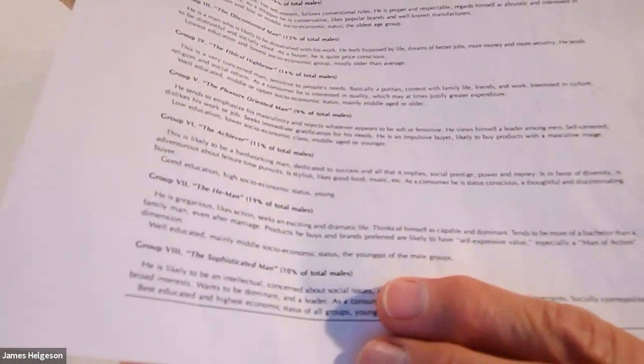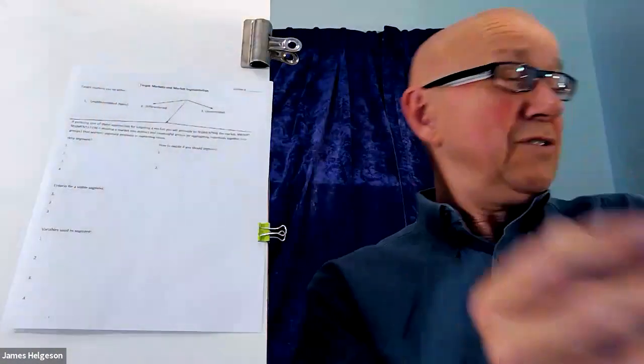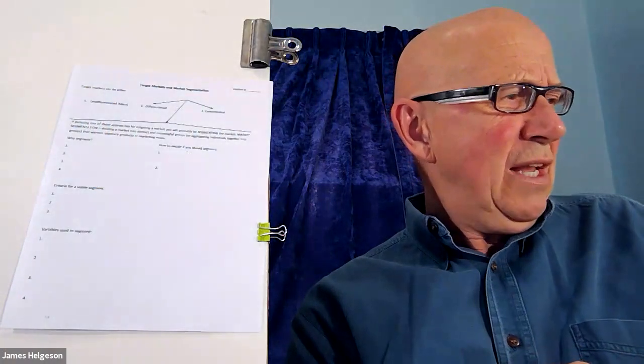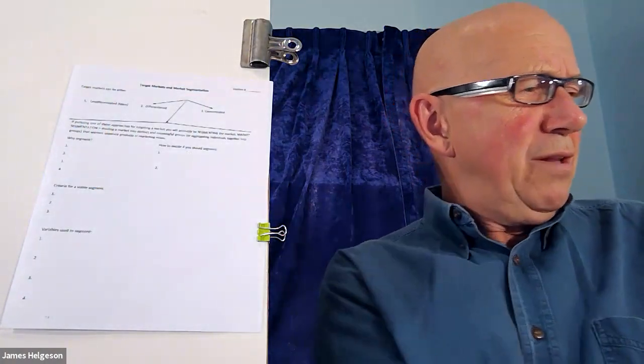Okay, so there's the bones. Well-educated, mainly middle socioeconomic, youngest of the male groups. Yeah, that's some demographic bones, but here's some flesh, that AIO stuff. So this is a rich category of things. I got a couple other things here.